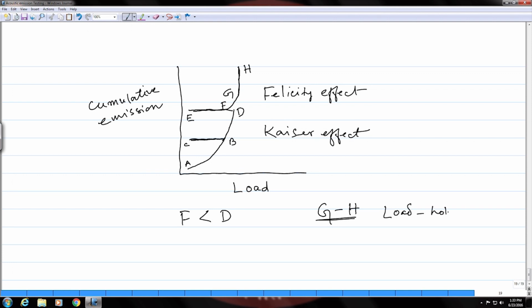That means the load is held at a particular value, load is not really increasing, but you still see lot of emissions coming out, which is again indicative of some kind of damage to the structure. So, this continuation of emission is indicative of unstable structure.